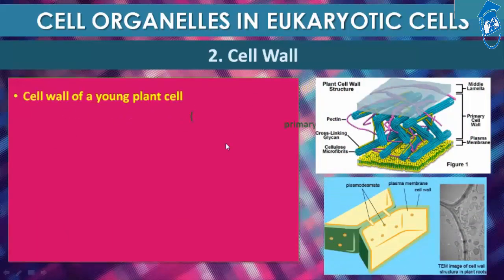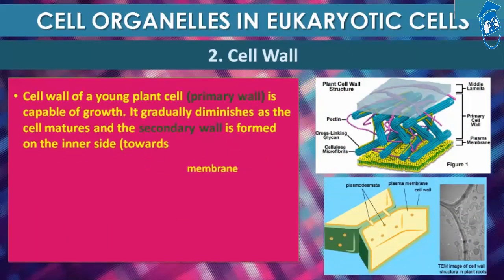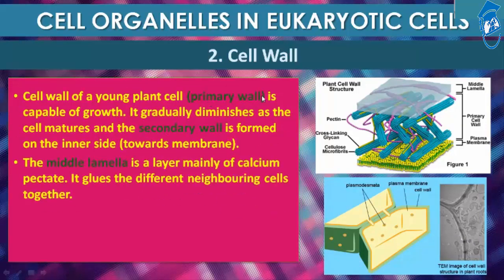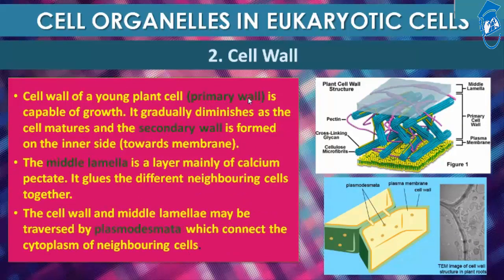The cell wall of a young plant cell, which we commonly call the primary wall, is capable of growth. It gradually diminishes as the cell matures, and a secondary wall is formed on the inner side, towards the membrane. See, this is the plant cell wall structure. This is the middle lamella, a connecting link between two cells. It connects two cell walls with each other.